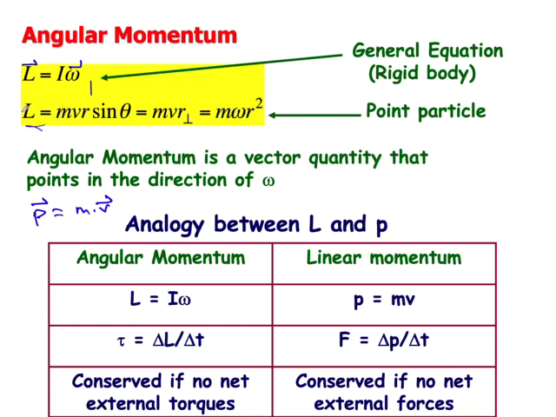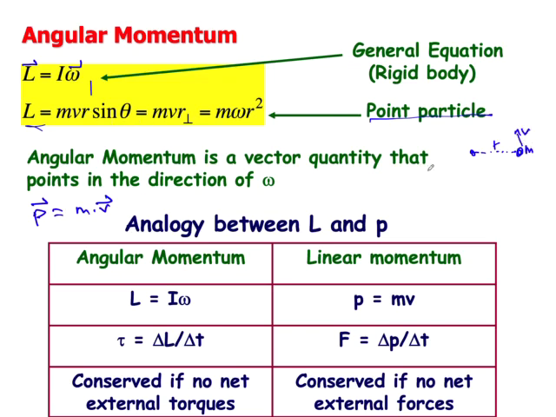It turns out you can also write another equation for it. Remember that omega, I should probably solve it real quick for you, just to prove the other one for you. If you just have a point particle, that is just an object, here's the center of curvature. It's moving around with some radius r, and it has a mass m moving with some velocity v.